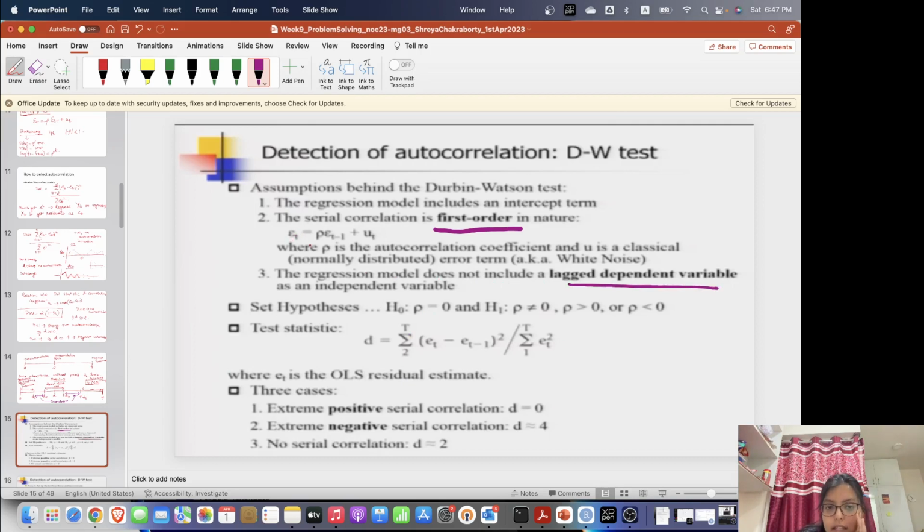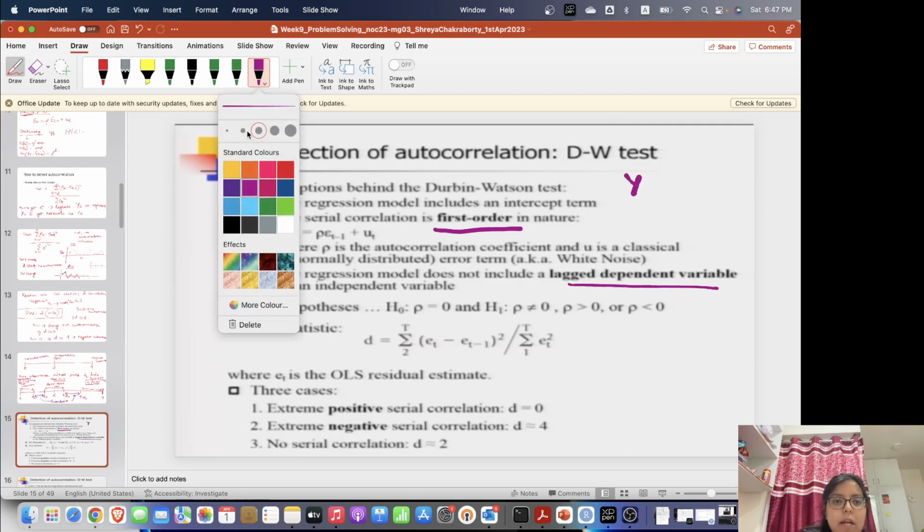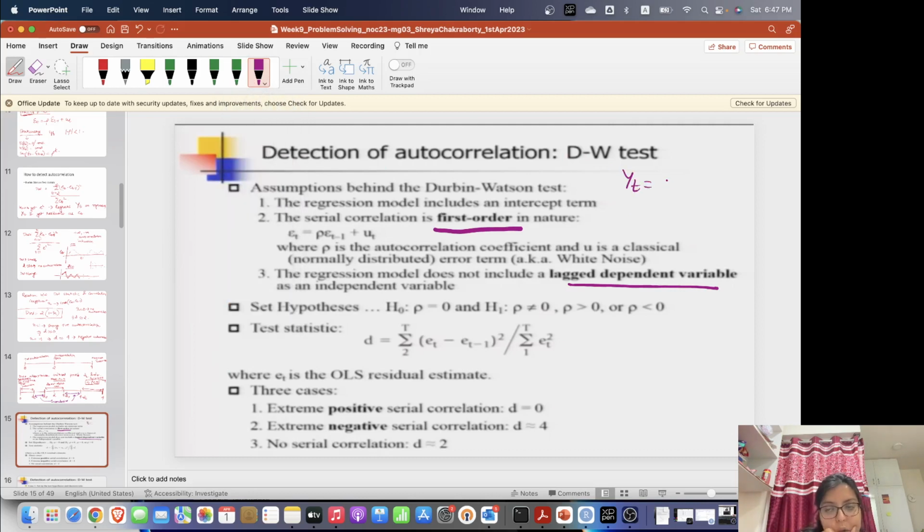So wherever this is the regression equation from which I am getting the residuals that I am considering, it should not include the lagged dependent variable as an independent variable. What I mean to say is that we are testing yt equal to alpha plus beta xt plus epsilon t.